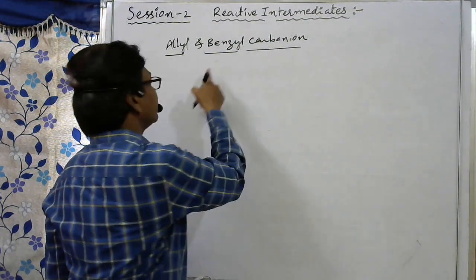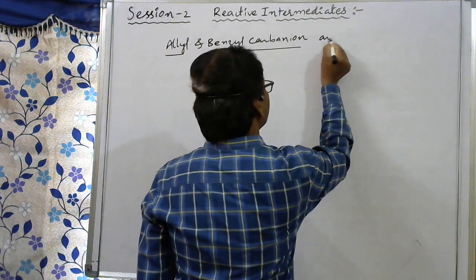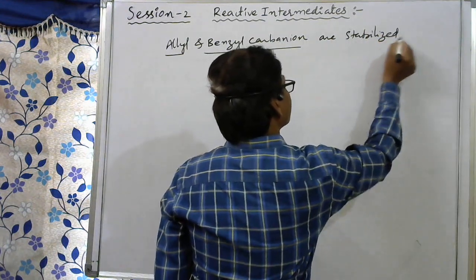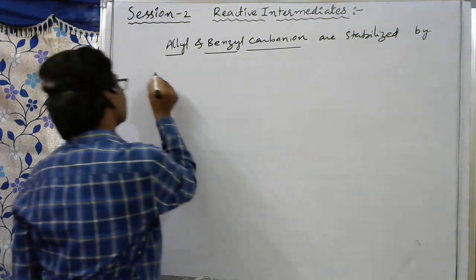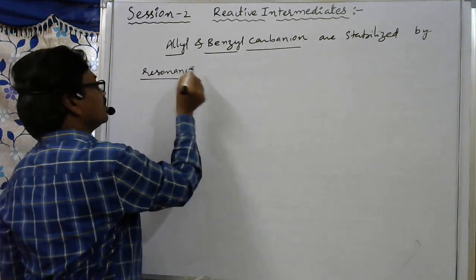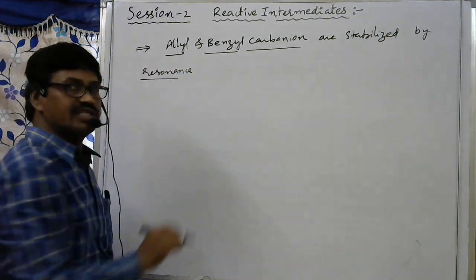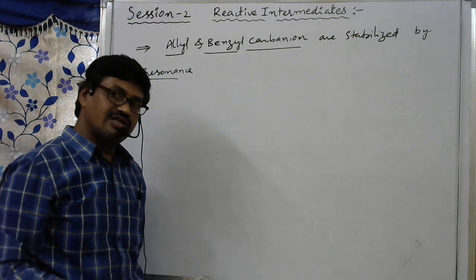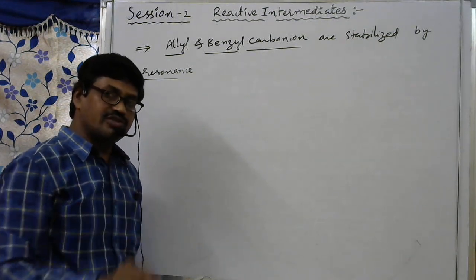So allyl and benzyl carbanions are stabilized by resonance. So how will these get stability? It is due to resonance. Even though it is a carbanion, because of resonance they are stabilized.